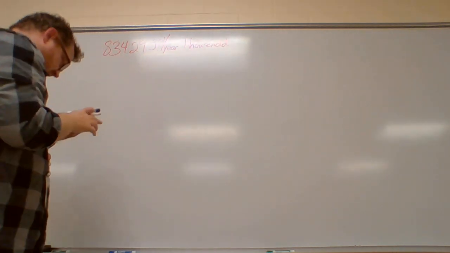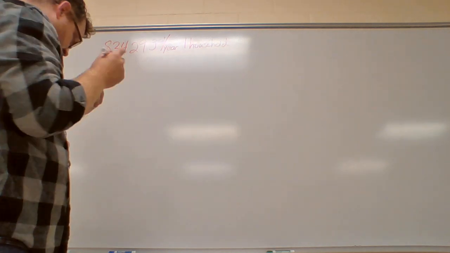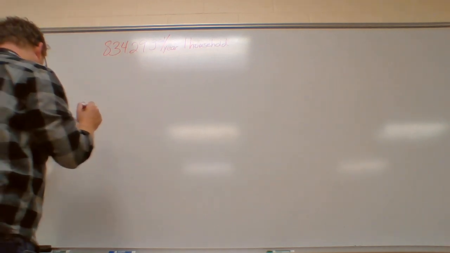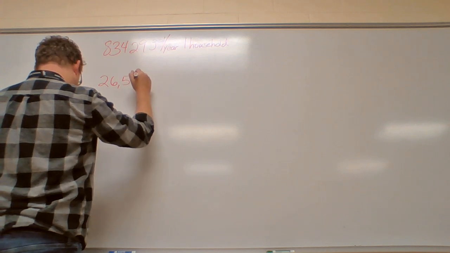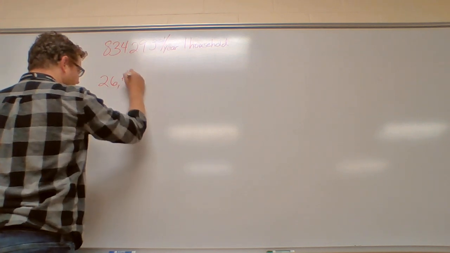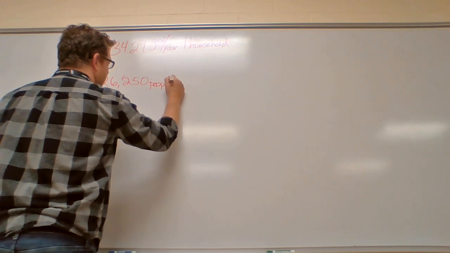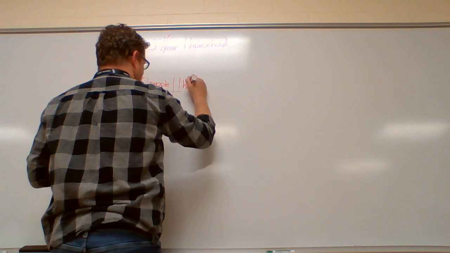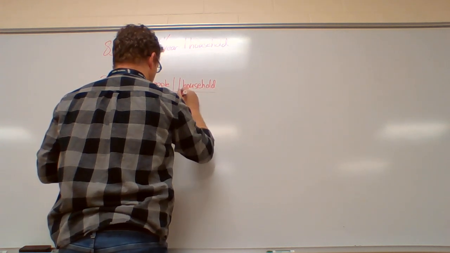Okay. And then we have the next question asking us, what is the total water loss in your community? So we need to figure out how many households are in our community. Well, we have 26,250 people. And then every one household has 4 people.